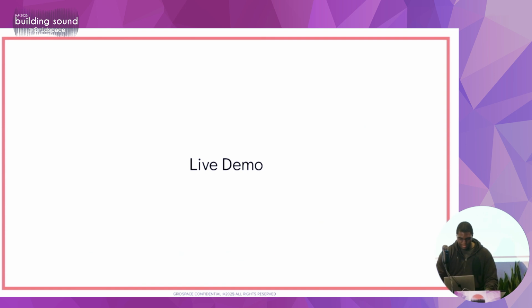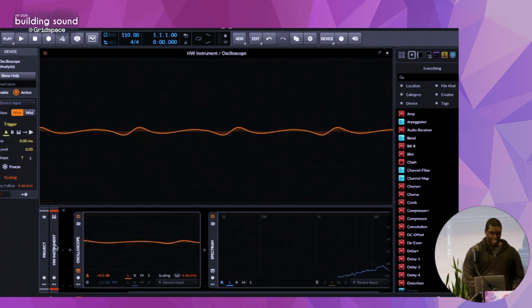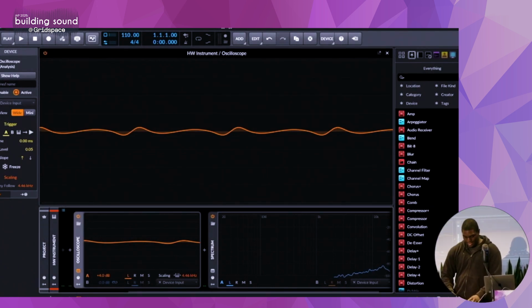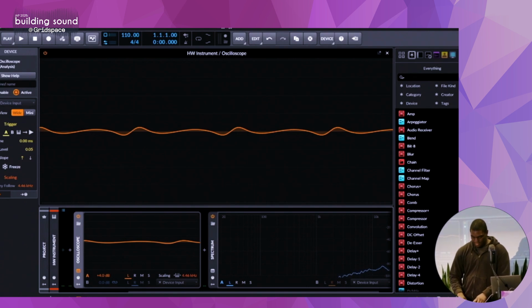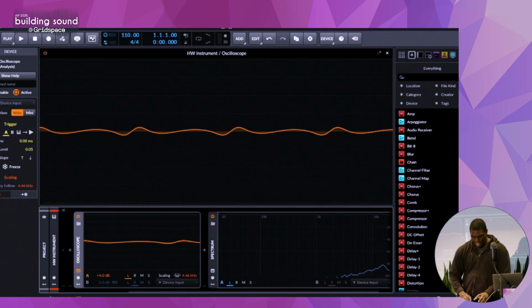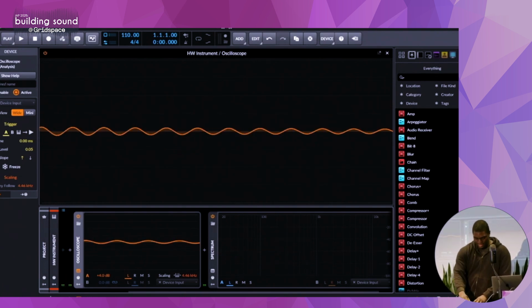Okay, so I'm going to switch us to something that can show us an oscilloscope and a spectrum. So we start off with a sine wave, right? There's your nice little sine.